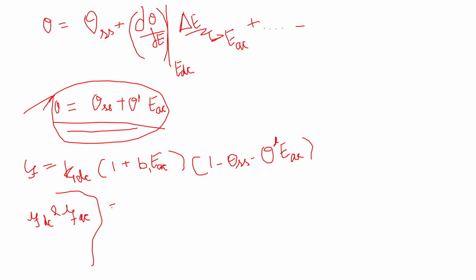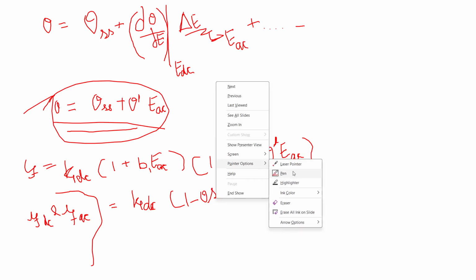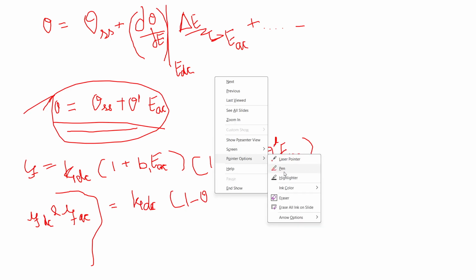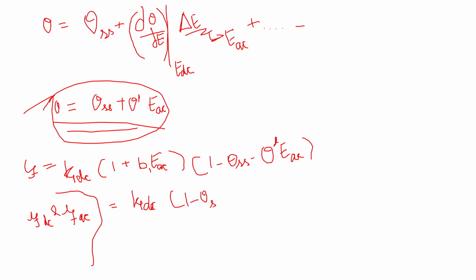If I'm doing this, what will I get? I'm just multiplying K1 DC, opening the bracket, K1 DC into 1 minus theta SS. I'm taking 1 minus theta SS together.